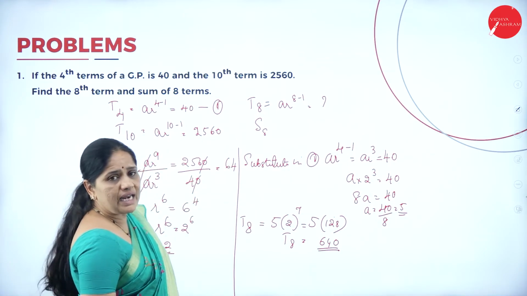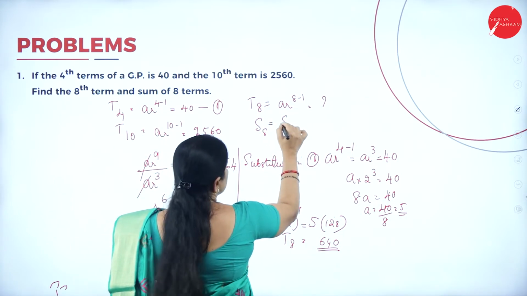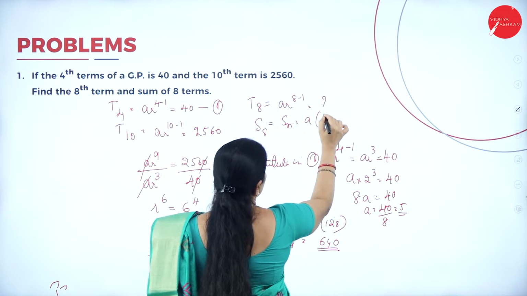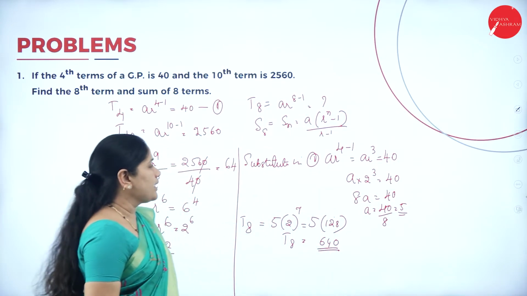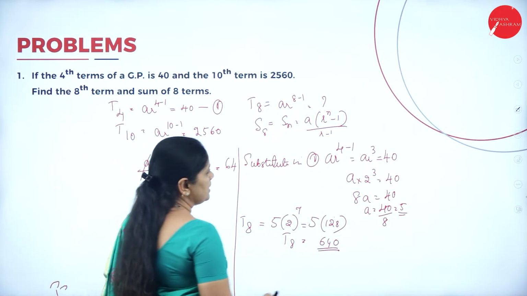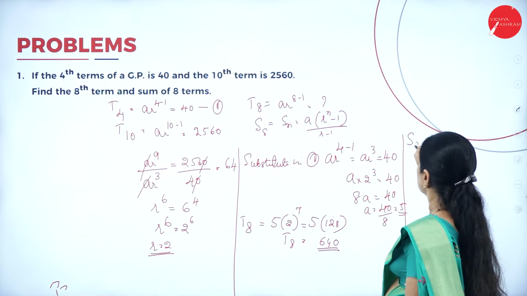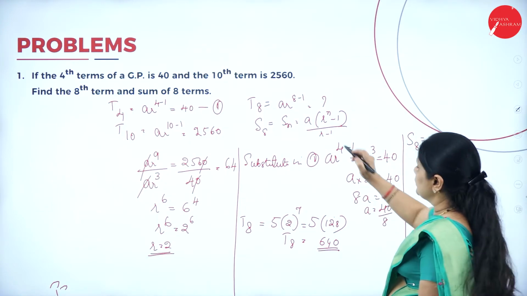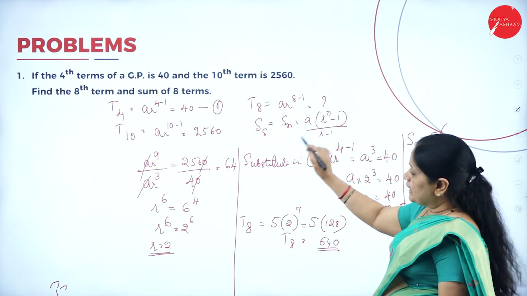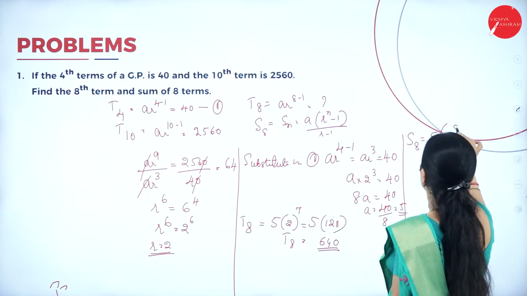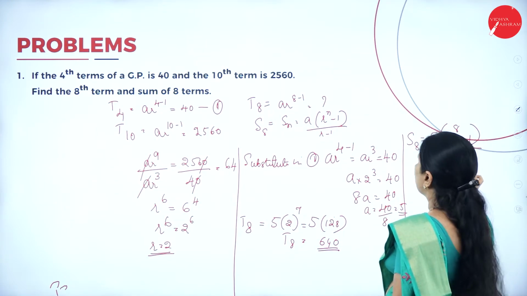Now we have to find S8. So for S8, the formula is the Sn formula. Sn will be equal to a into r to the power of n minus 1 divided by r minus 1. So we substitute the values here. S8 will be equal to, instead of a, I will write 5. 5 into, instead of r, I am writing 2, 2 to the power of 8 minus 1 whole over 2 minus 1.